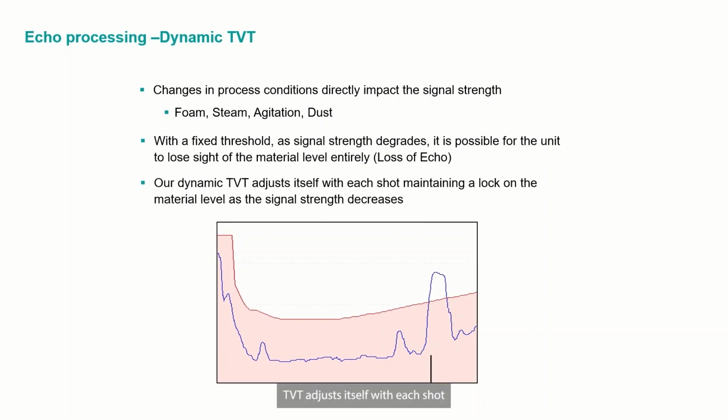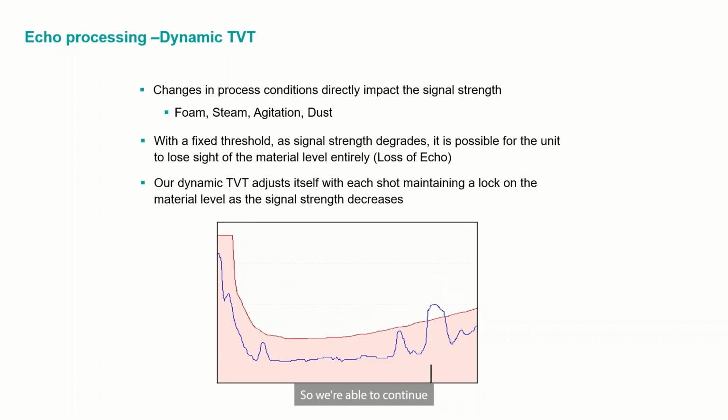Our dynamic TVT adjusts itself with each shot, maintaining a lock on the material level as the signal strength decreases, so we're able to continue to measure reliably even as that signal strength decreases. That's been a huge advantage of our products over the years, that our TVT is dynamic and it's not fixed.